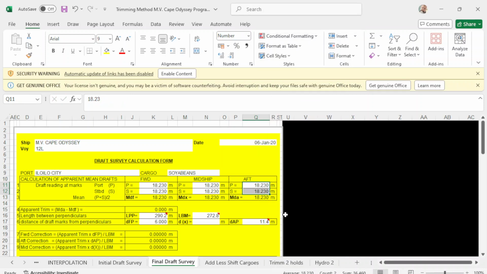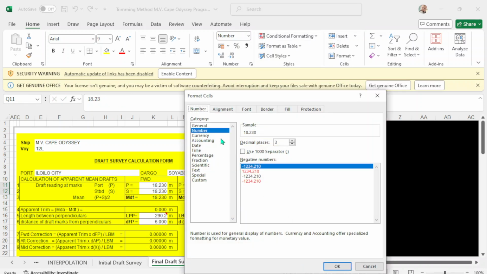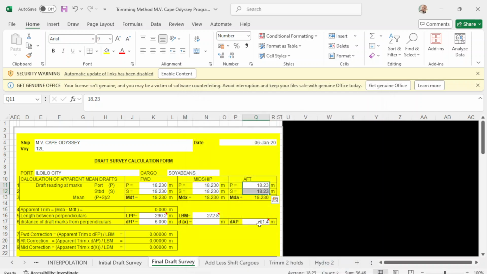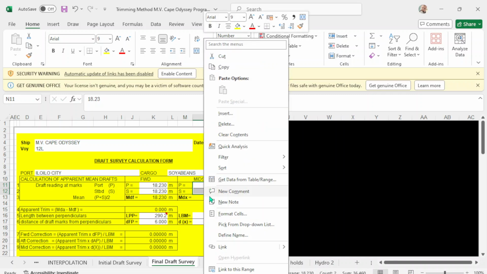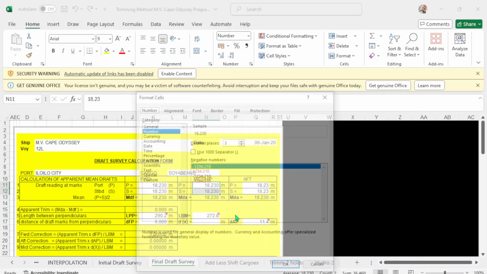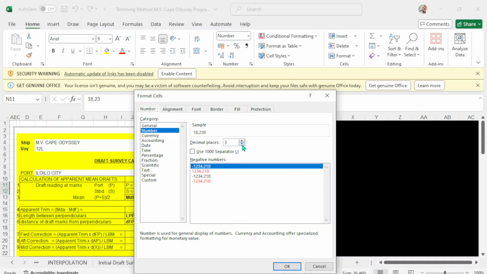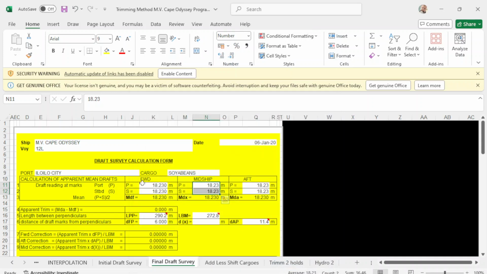We go to format cells, we go to numbers, and I deduct this one. 18.23. Go to format cells, then deduct. Okay, 1823.